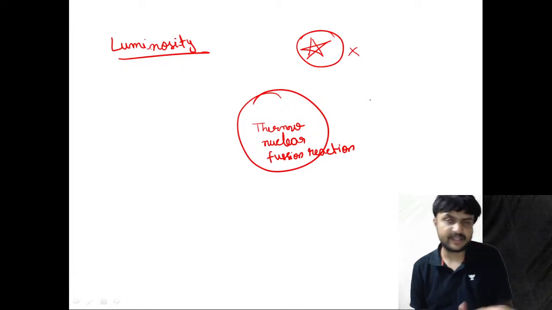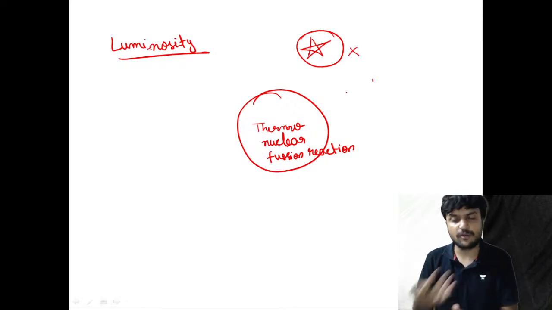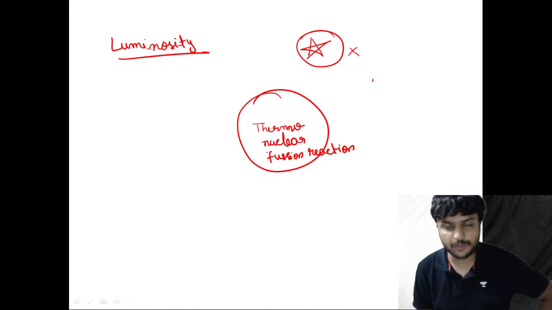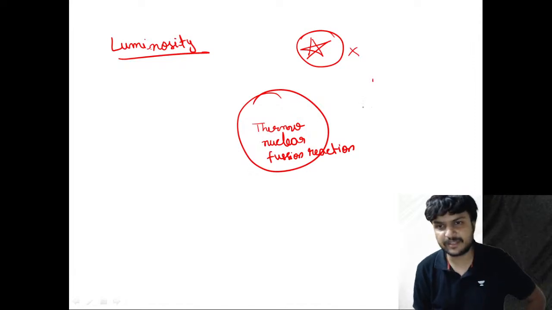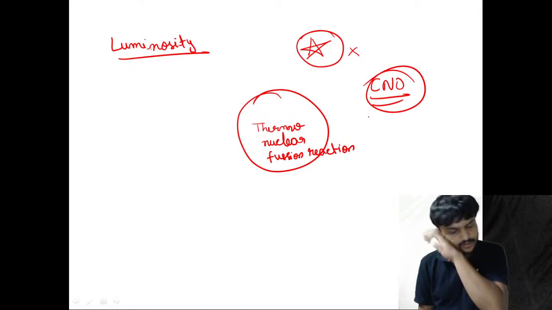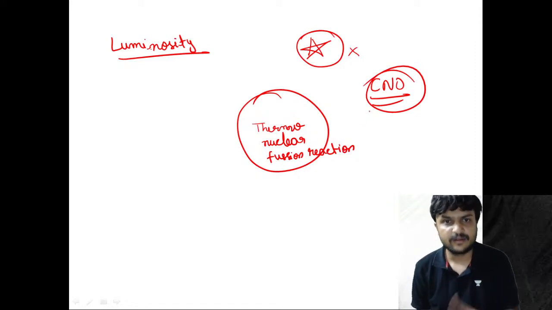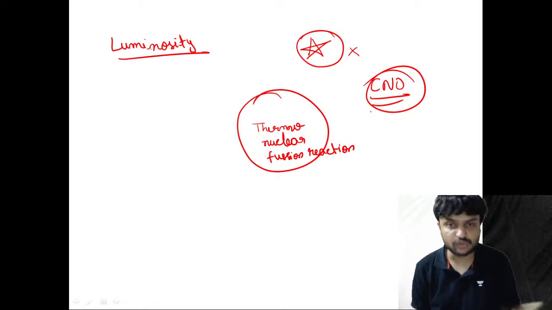Basically, if you take our Sun as an example, hydrogen and hydrogen are fusing to form helium, and so on and so forth. Proton-proton cycle. And for much heavier masses than our Sun, there is something called the CNO, carbon, nitrogen, oxygen cycle, which is used to understand the thermonuclear fusion reaction in heavy mass stars or very huge stars.